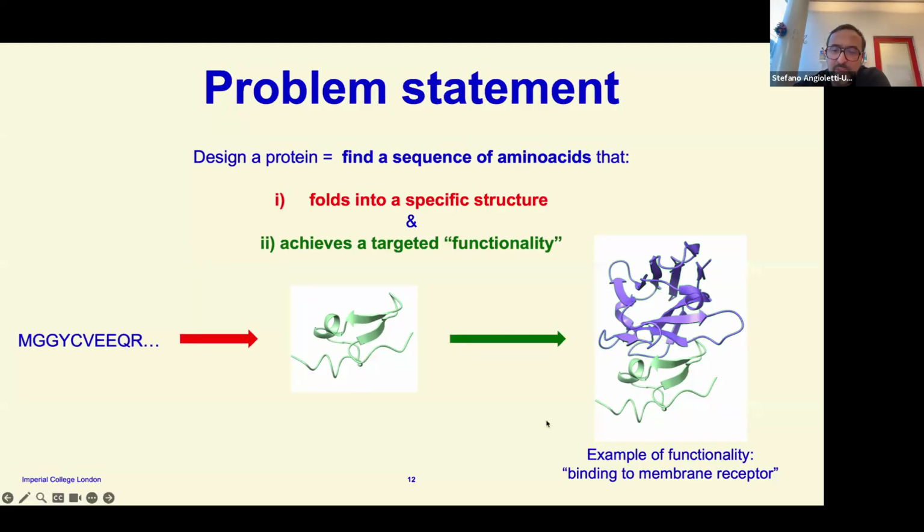So you can use something like this if you want a diagnostic test that needs to detect the purple protein in solution. You can design a binder, and then stick it on top of a lateral flow test. When the protein in solution sticks to the binder, you will have a signal, and that's how you can do diagnostic detection.